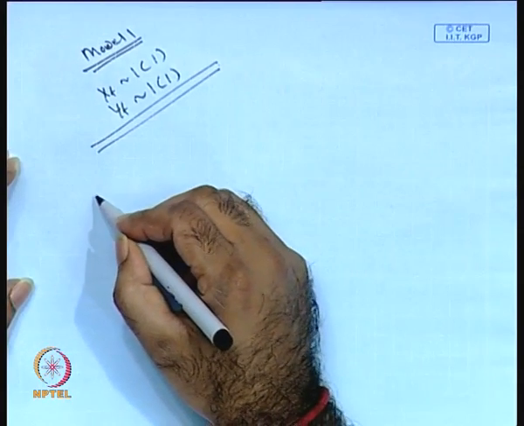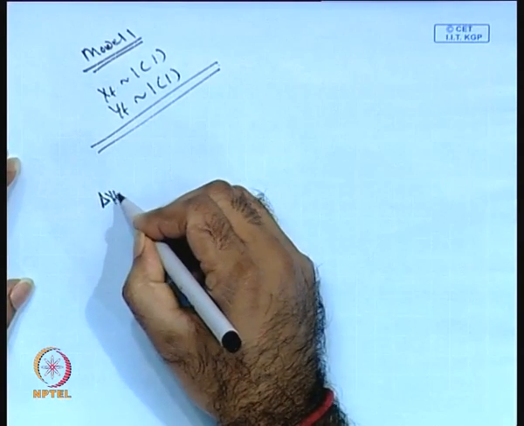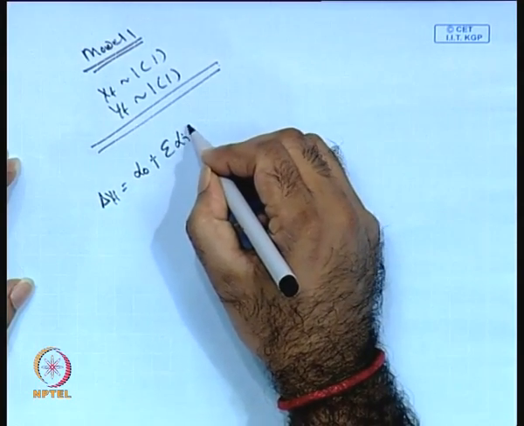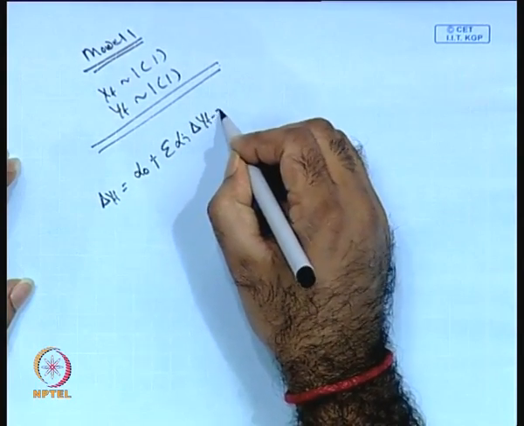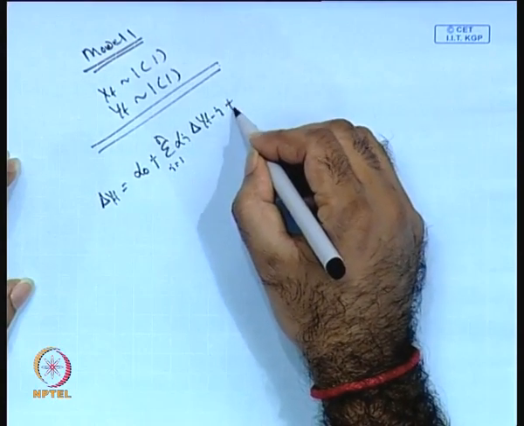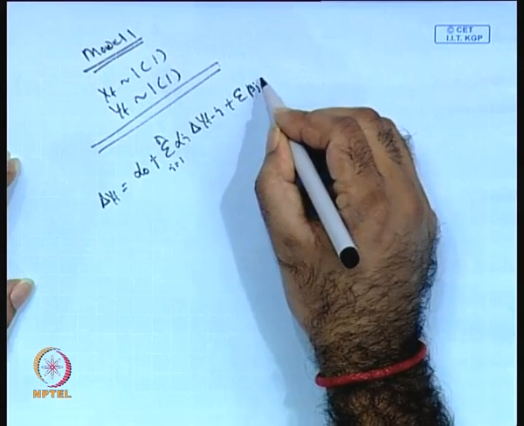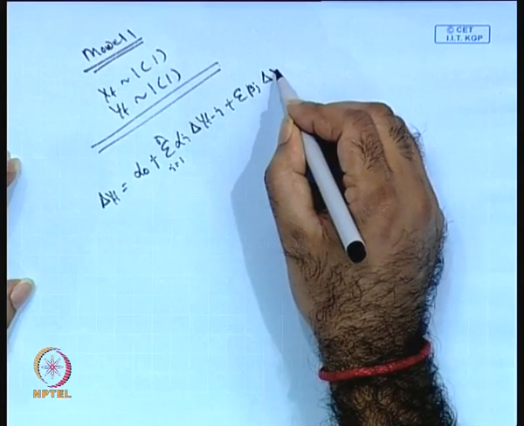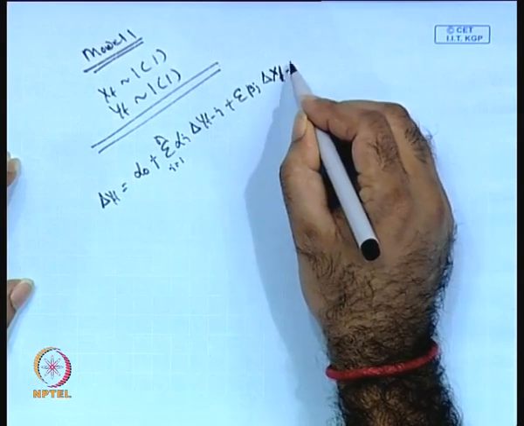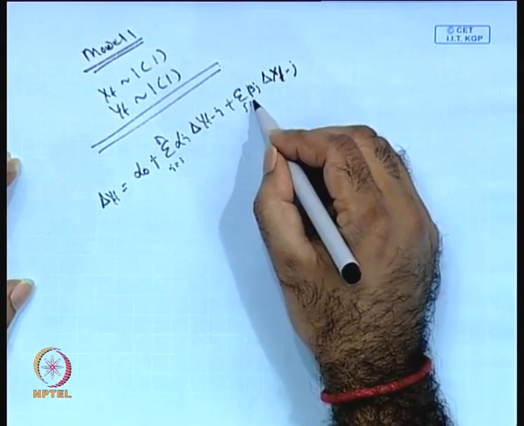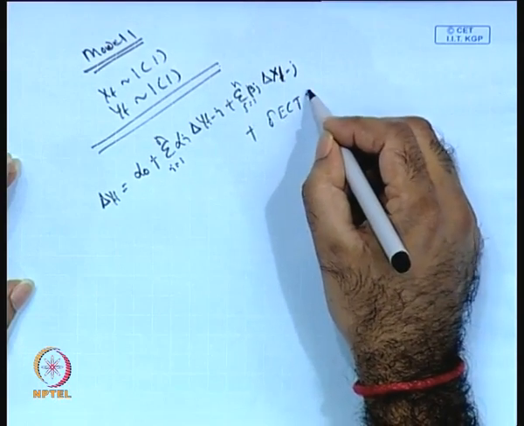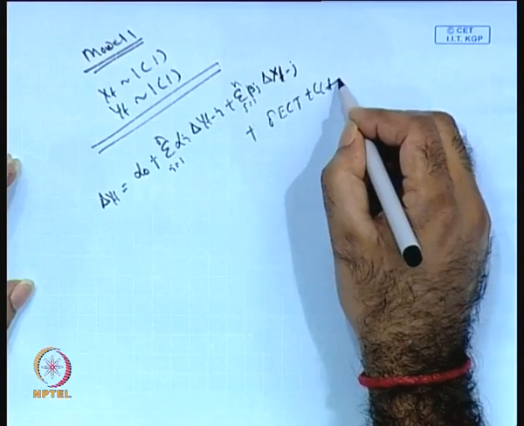So I can write it this way. Delta yt is equal to alpha 0 plus summation alpha i delta yt minus i, i equal to 1 to n, plus summation beta j delta xt minus j, j equal to 1 to n, plus delta 1 ECt plus ut.